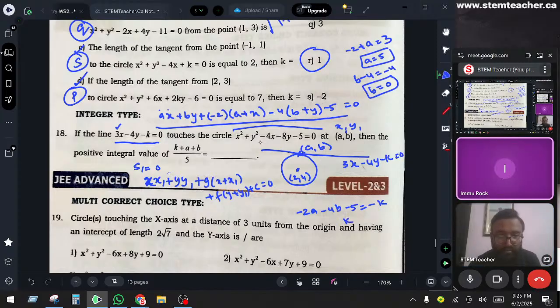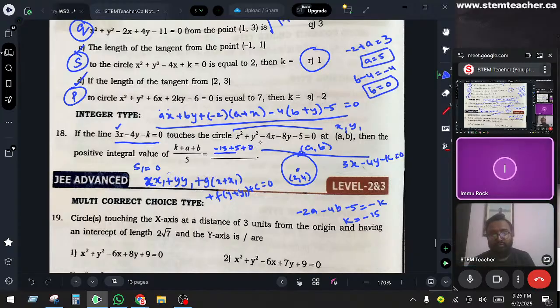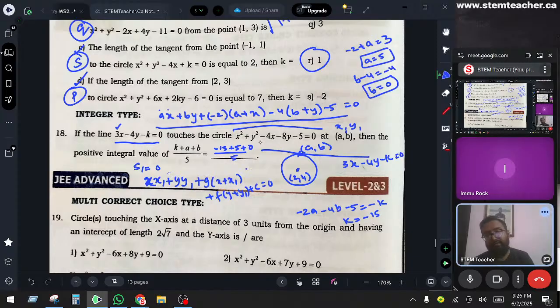Therefore k is equals to -10 - 5 is -15. अब k plus a plus b by 5: -15 plus 5 plus 0 by 5, -10 by 5. So answer is -2. Cross check करो, आंसर चेक करो.